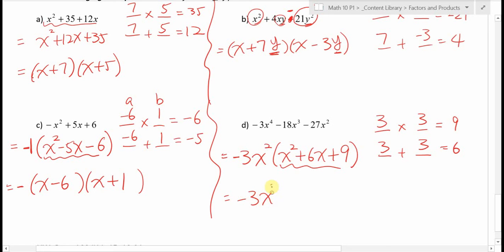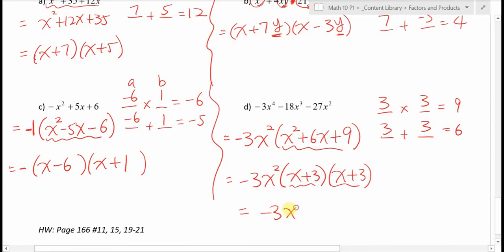So we have -3x squared, and then a as 3 and b as 3 as well. So we have x plus 3 and x plus 3. Now, this is a special case, again, because these two are the same. We usually rewrite this as -3x squared times x plus 3 squared, because it's x plus 3 times x plus 3, and that is your final answer.